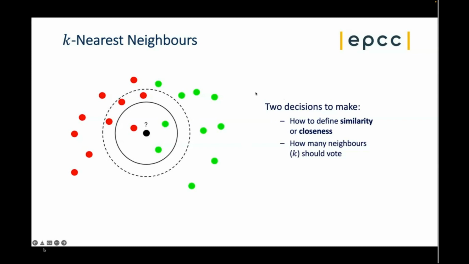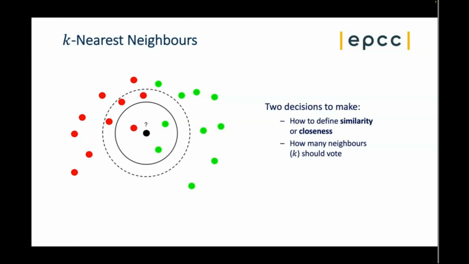So there's two decisions to make when using this kind of algorithm. One is how we define similarity or closeness. We just used our normal definition of Euclidean distance when we were looking at the distance between these points.